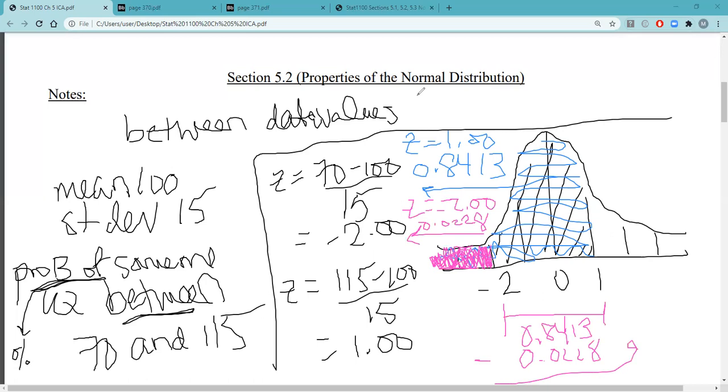And we should be left with 0.8185 or 81.85%.